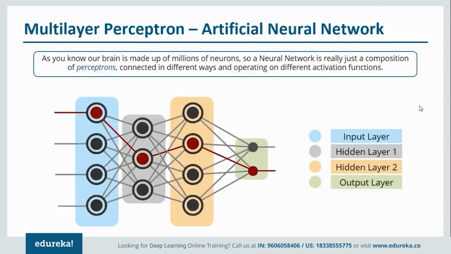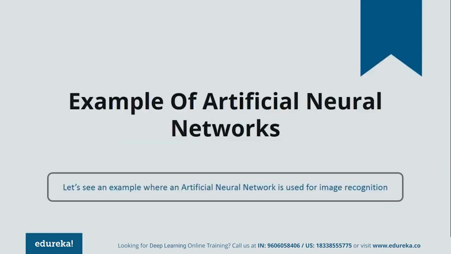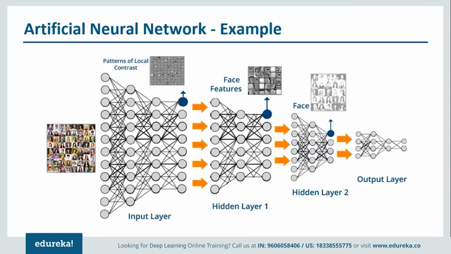Now let me explain this with an example. Over here I'll take an example of image recognition using neural networks. What happens is we feed in a lot of images to our input layer. Now this input layer will detect the patterns of local contrast and then feed that to the next layer, which is hidden layer 1.